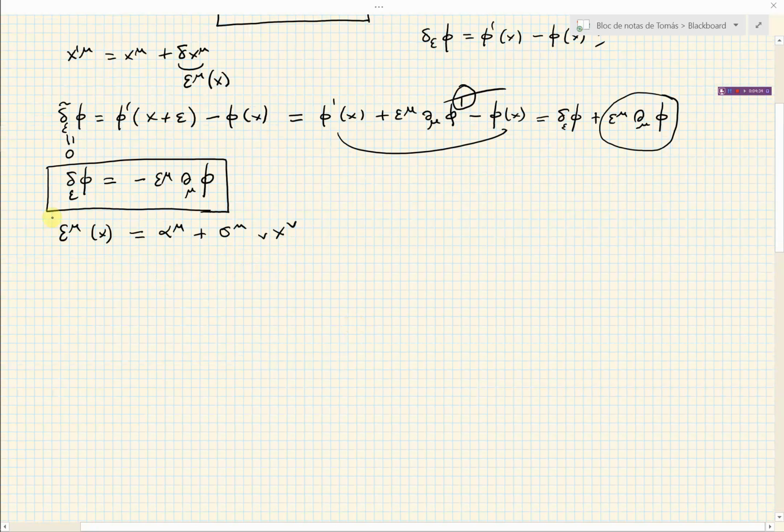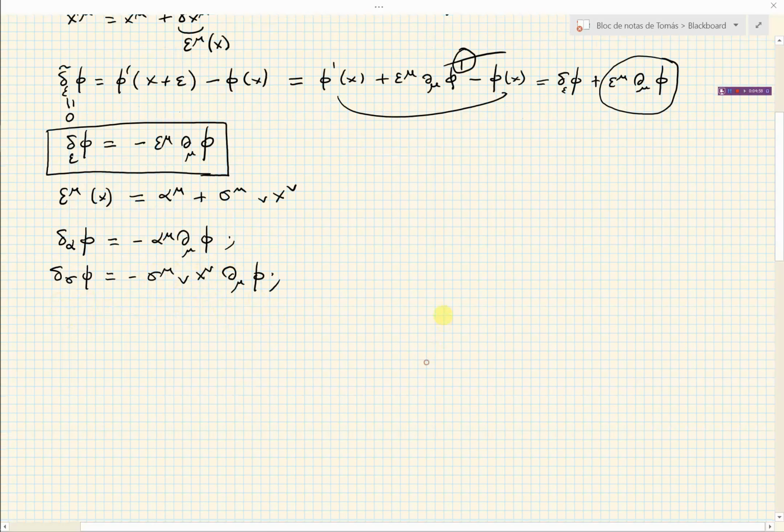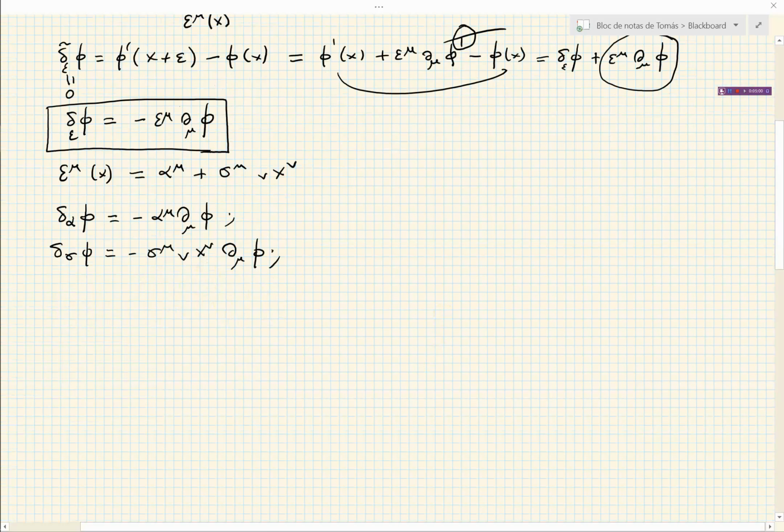Now, bringing this into this infinitesimal transformation, we find that for infinitesimal translations, you have this transformation rule, and for infinitesimal Lorentz transformations, you have this different transformation rule. And these are the two transformation rules of a scalar field.